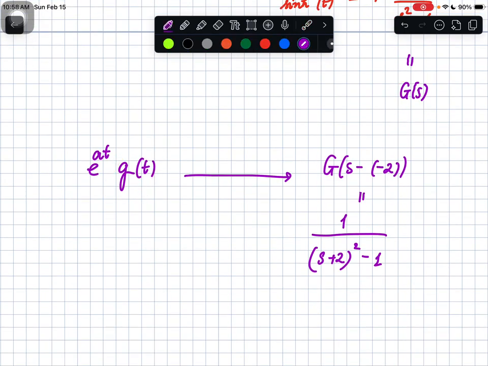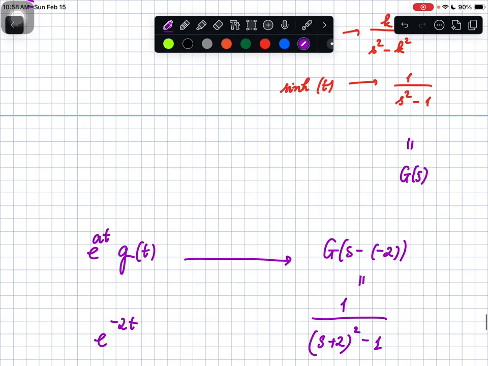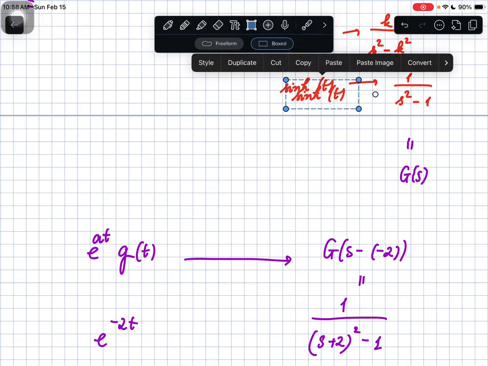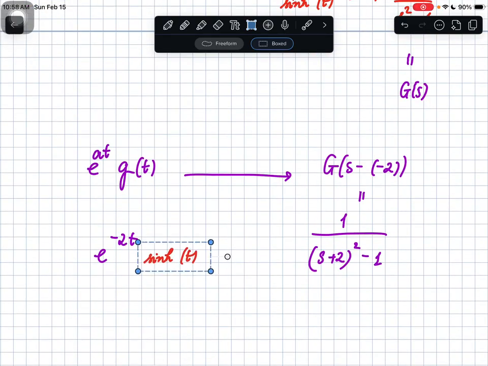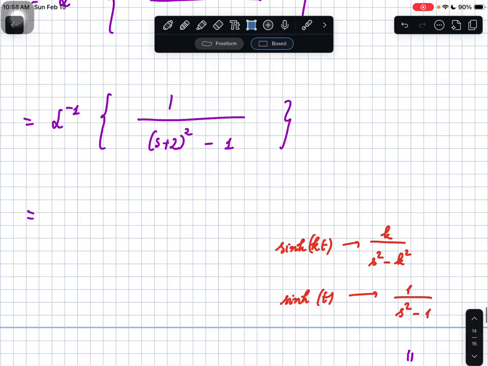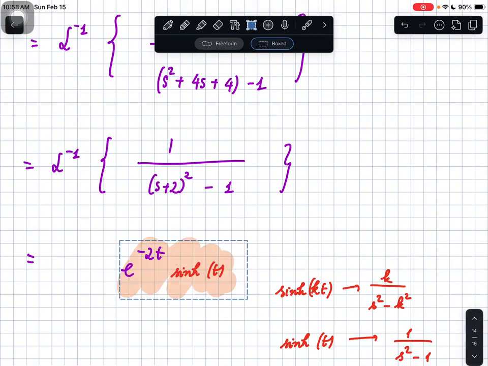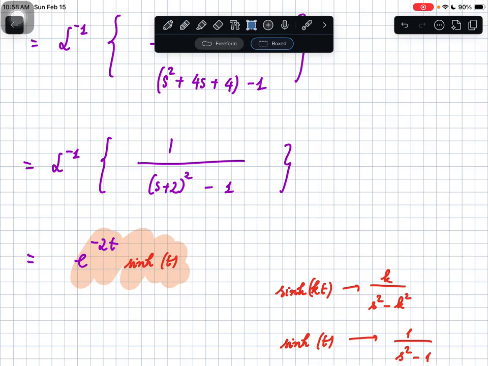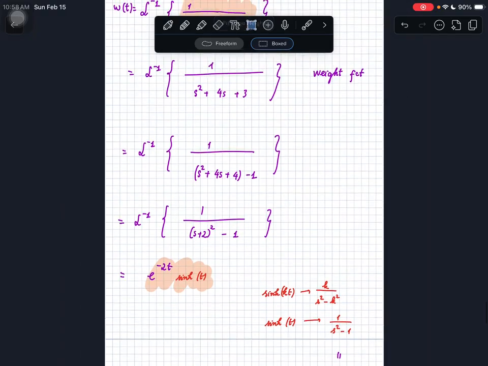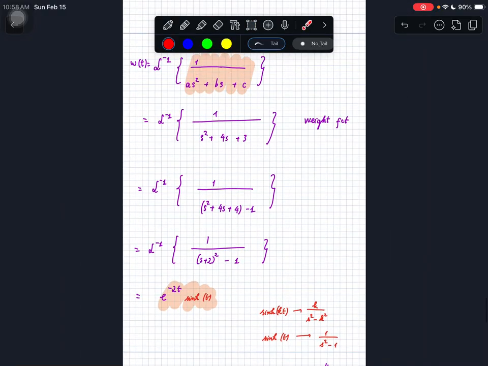So we have e to the minus 2t times g of t, which is sine hyperbolic t. This is the inverse transform we need to compute, which is omega t. This function is omega t.